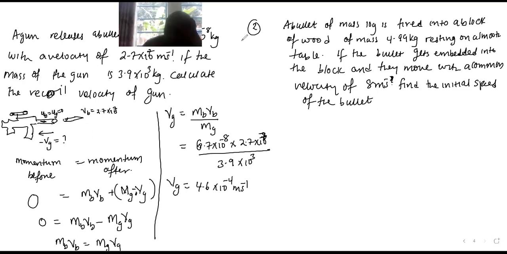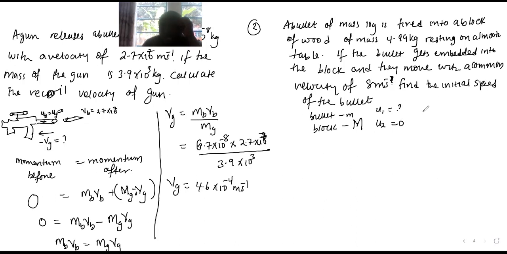Now we can assume the bullet has a mass small m, and the block has a mass capital M. We can assume the bullet has an initial velocity U1, and the block has an initial velocity U2, whereby the block was at rest and the bullet was moving with a velocity we don't know.